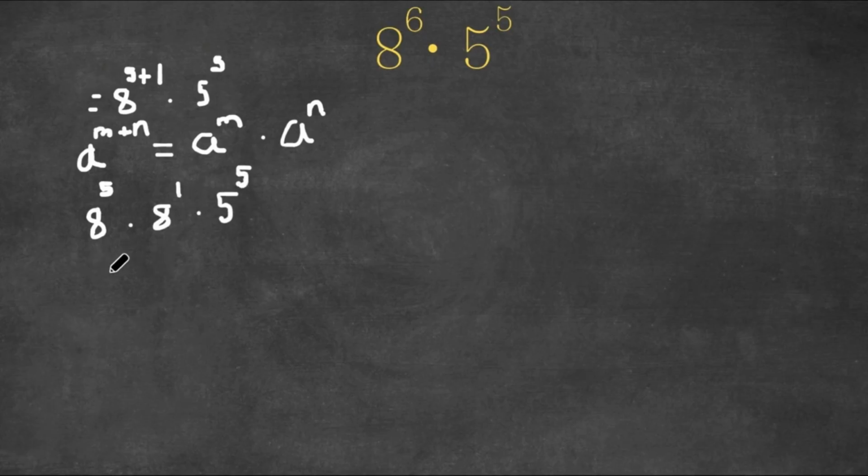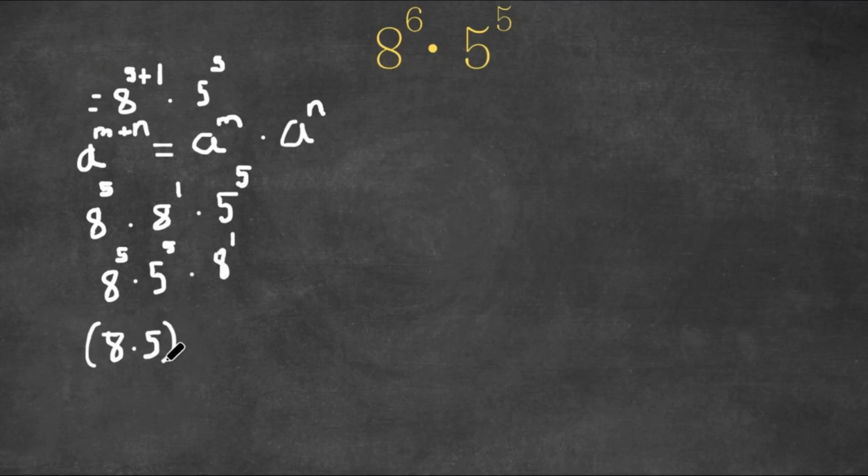Now we're going to rewrite this as 8 to the power of 5 times 5 to the power of 5 times 8 to the power of 1. And I did this so now we can rewrite these two as 8 times 5 to the power of 5 times 8.